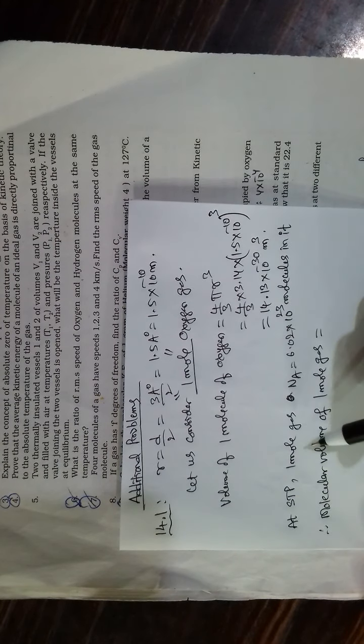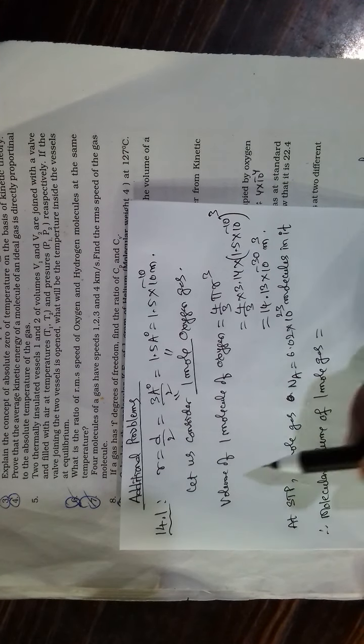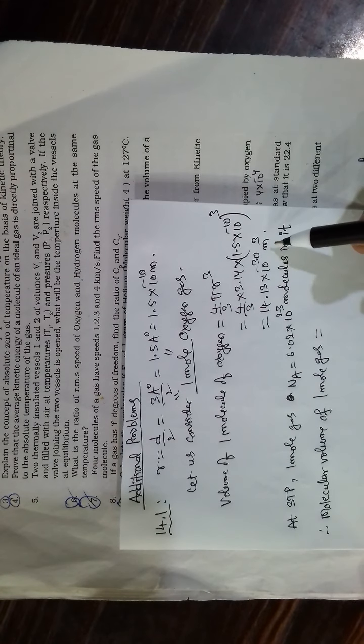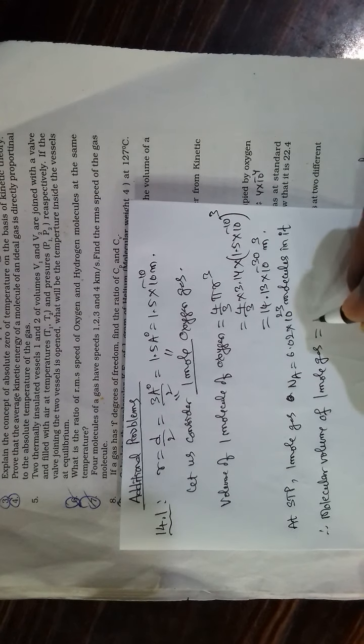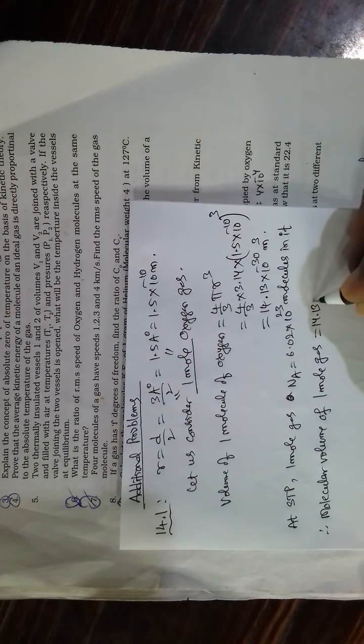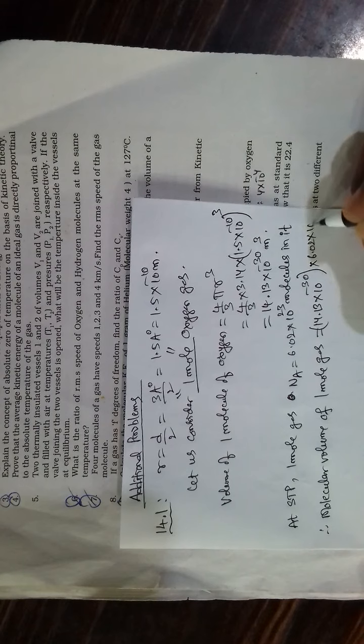At STP, 1 mole gas will have Avogadro number of molecules in it. Therefore, see, the volume of 1 molecule is this much. The volume of so many molecules is this value multiplied by 6.02 into 10 to the power of 23.